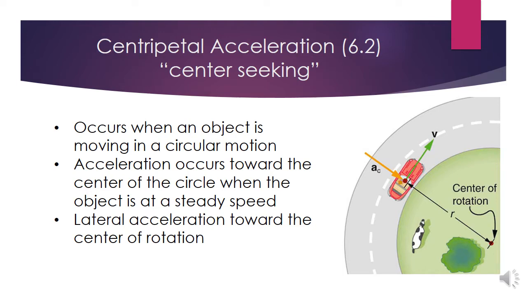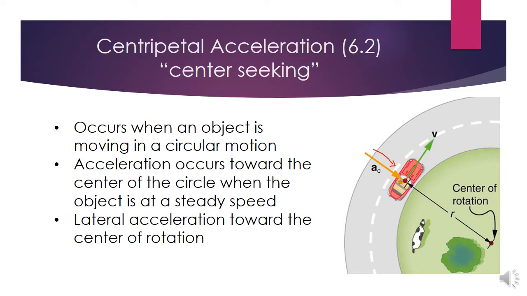Centripetal acceleration is the acceleration that's occurring whenever you're moving around a curve or in a circle. In the picture shown, there's a car moving around this half circle here. And the centripetal acceleration is this yellow arrow that is pointing toward the center of the circle.